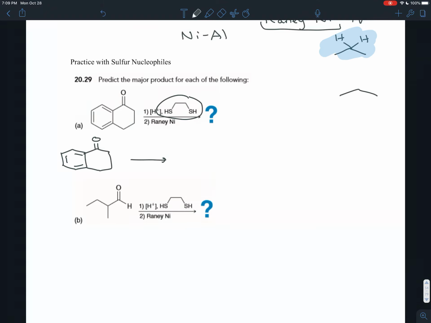You have two SHs at the end of this 2-carbon chain. So what ends up happening, you have the same carbon chain. What ends up happening after that first step is the carbonyl carbon, instead of being bonded to oxygen twice, will be bonded to the 2 sulfurs.